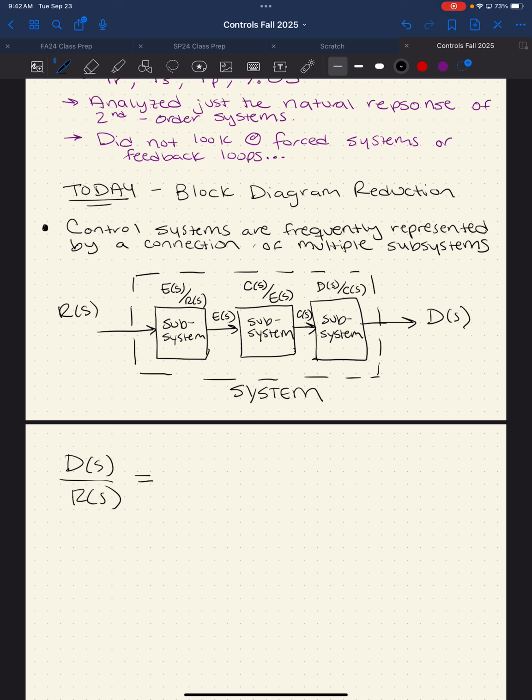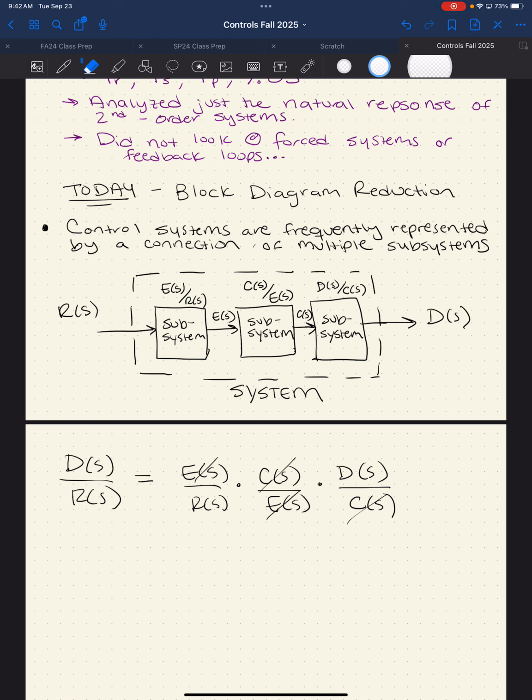All of the transfer functions multiply, right? So I have E of S over R of S times C of S over E of S times D of S over C of S. If we look at this carefully, our E's will cancel, our C's will cancel, and I'm left with D of S over R of S. Congratulations, you just reduced the cascade form of a block diagram.